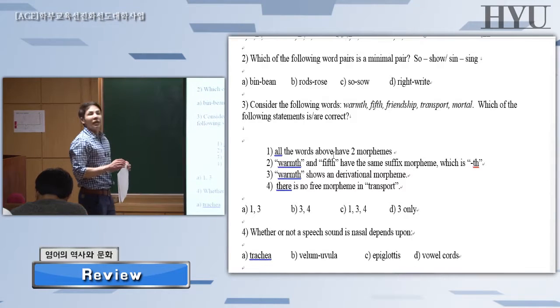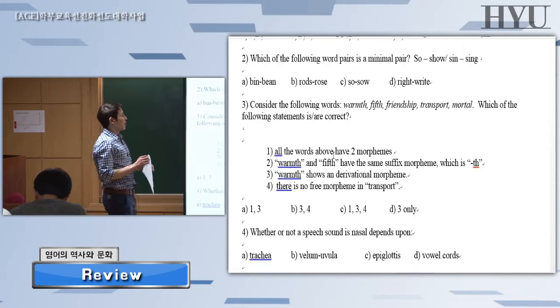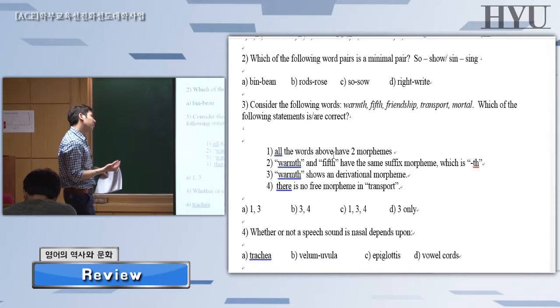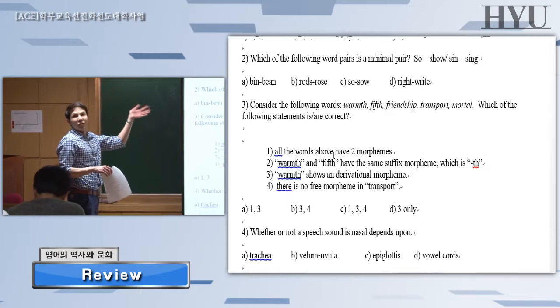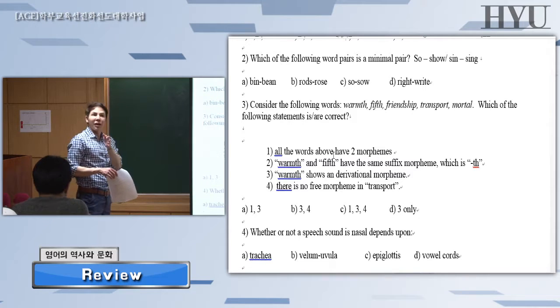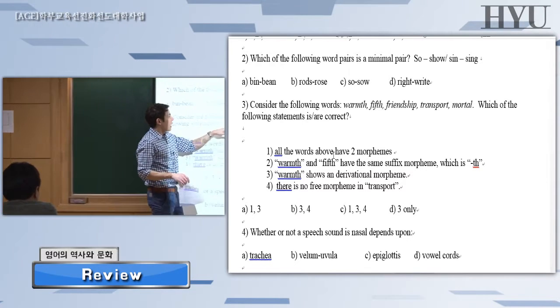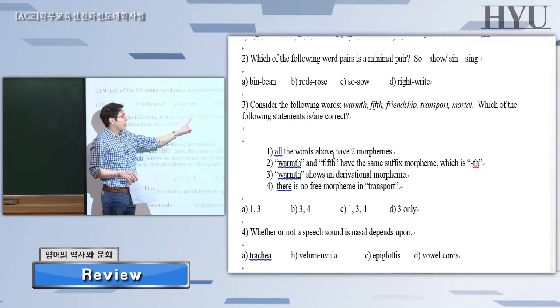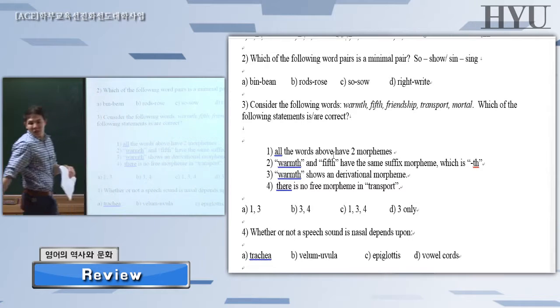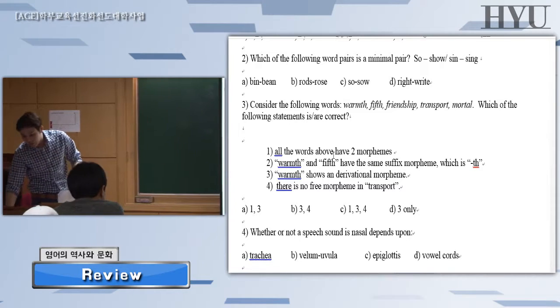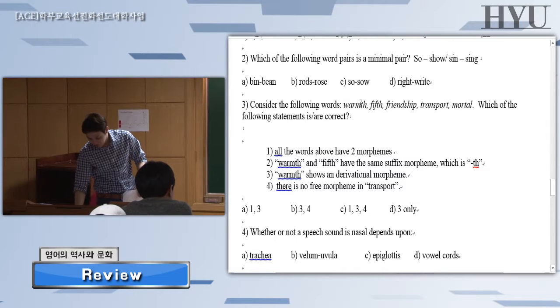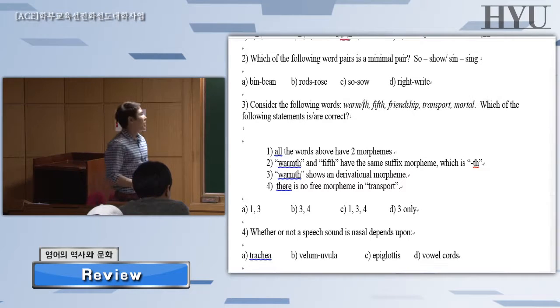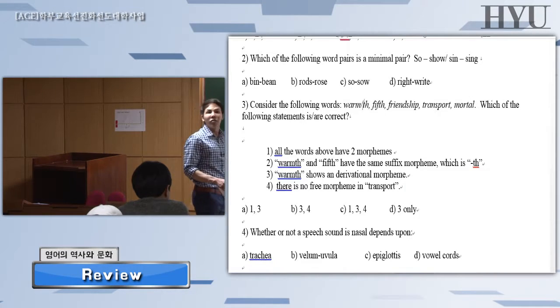Number 3, let's look at number 3. Consider the following words. I think this part tests your knowledge of morphemes, how to recognize morpheme boundaries and so on. Now in number 1, warmth, we can put the boundary here, right? Warm and TH. The morpheme TH tells you that it's a noun, right?